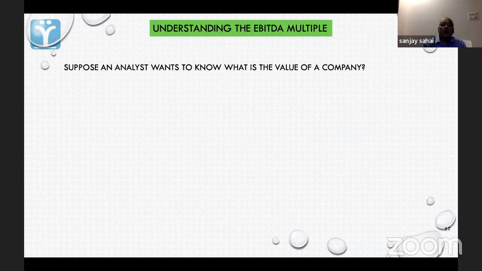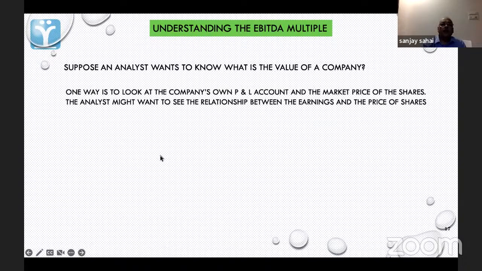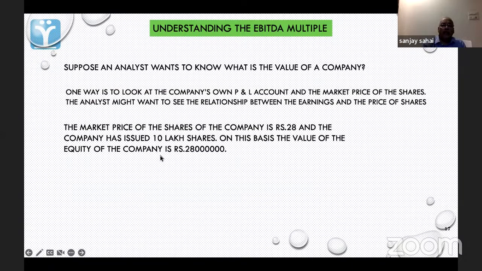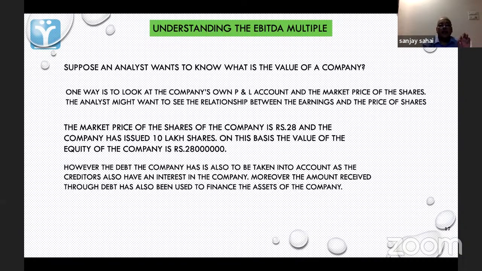Now, suppose an analyst wants to know what is the value of the company. I basically explained this here. He can try to find out the relationship between the earnings which the company has and the enterprise value of the company.